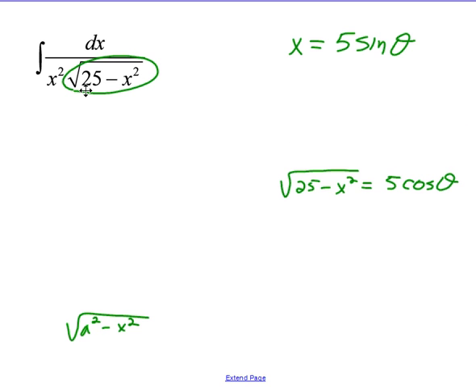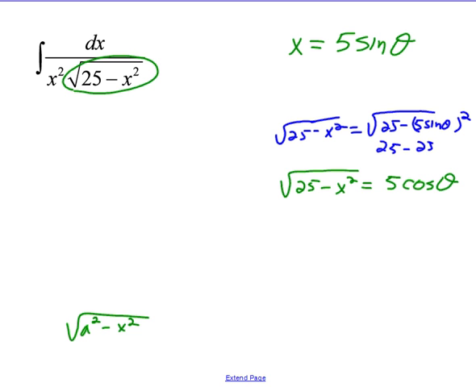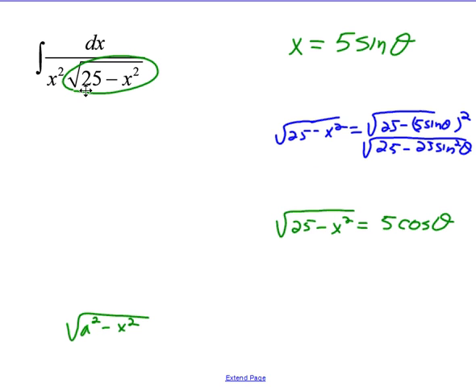If you forget what the result is, you can of course do, well, root 25 minus x squared will be root 25 minus 5 sine theta squared, which becomes 25 minus 25 sine squared theta, still under my radical. And hopefully you can continue the process and say I have my 25, 1 minus sine squared theta. Oh, that's cosine squared theta, and the square root of 25 is 5, square root of cosine squared theta is cosine theta. So hopefully you can remember all that. If not, you can always do that process.